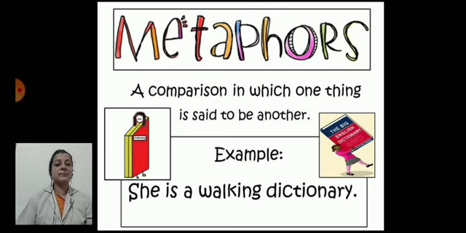You can see the example. She is a walking dictionary. Here the girl, the pronoun she, is compared with a dictionary. She is a walking dictionary. Here you can see that it is a comparison in which one thing, a girl, is said to be another, that is dictionary, right?